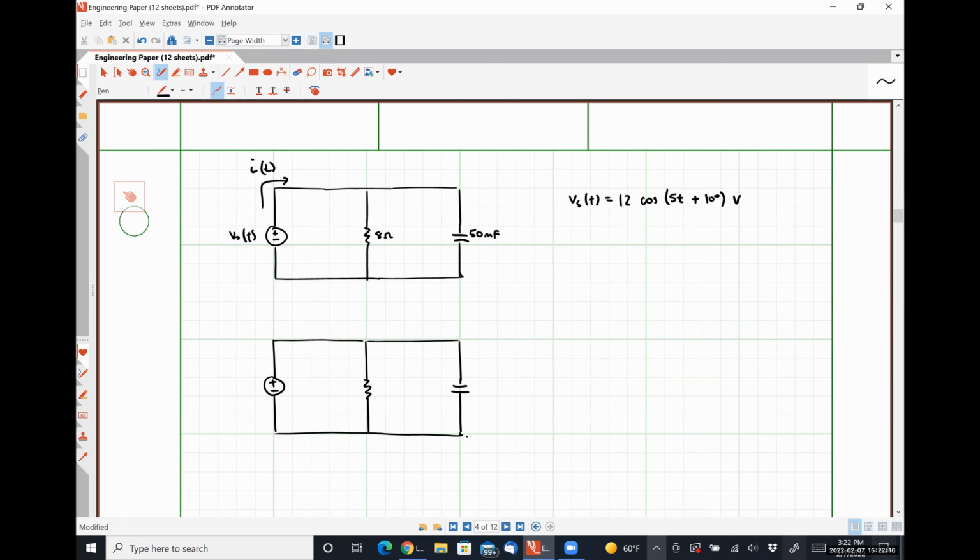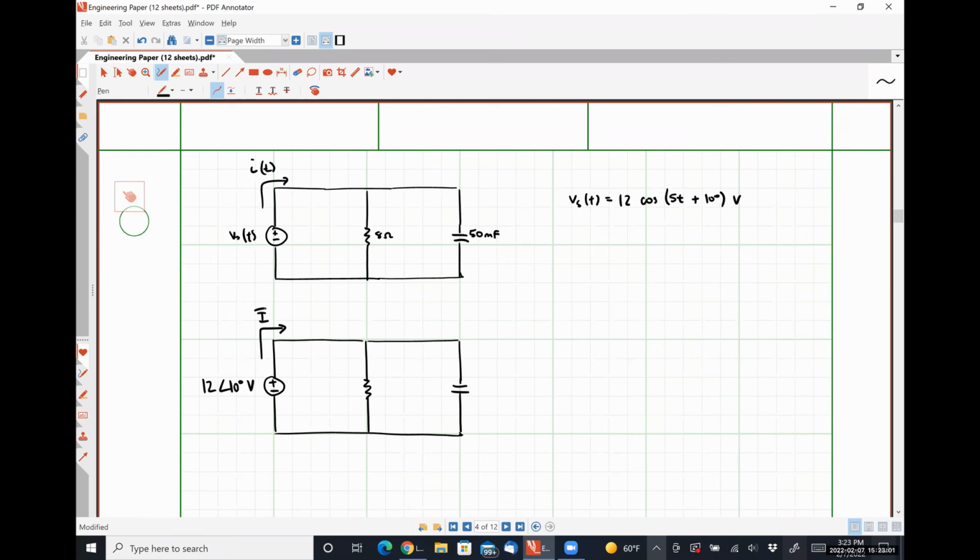How do I convert that voltage, Vs of t equal to 12 cosine 5t plus 10 degrees, into a phasor voltage? 12. So I keep the magnitude, angle 10. That's exactly right. 12 angle 10 degrees volts. So that is my phasor representation of that voltage. And this current, I with a bar over it, is a phasor representation of the unknown quantity I'm trying to solve for.